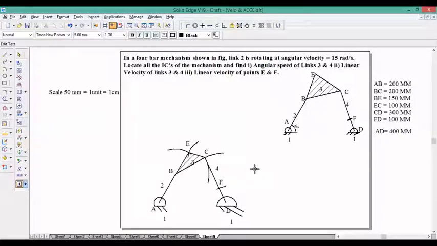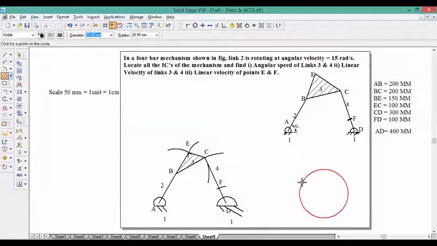After this, here also we have 4 links, so there will be 6 instantaneous centers. Let us go for the bookkeeping method or circle method. We need to divide the circle into 4 equal parts.